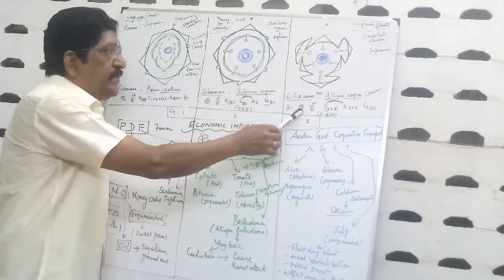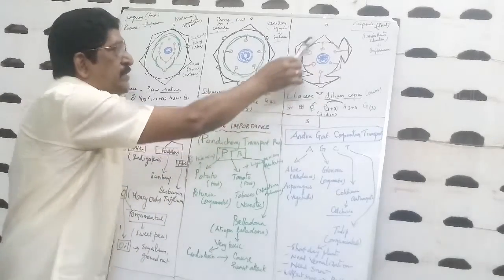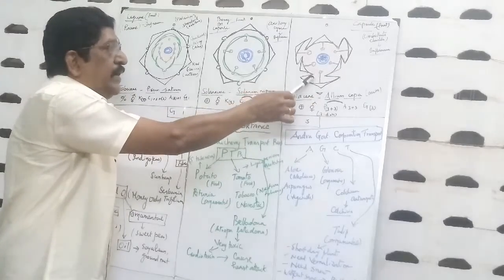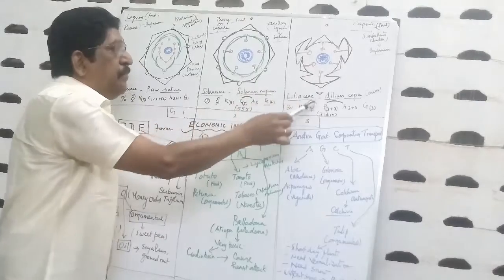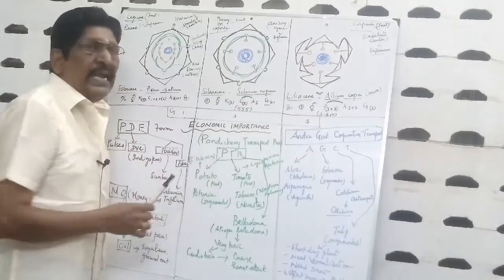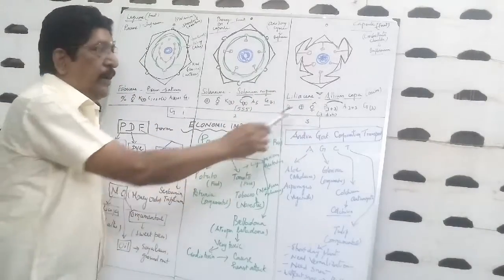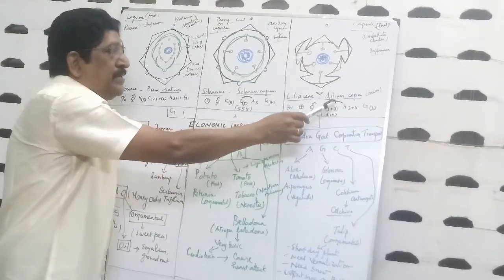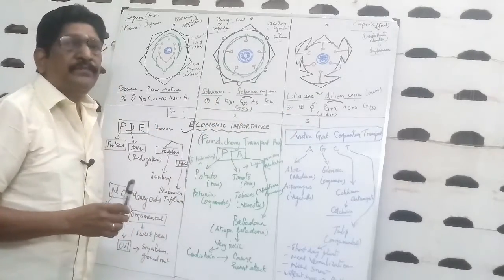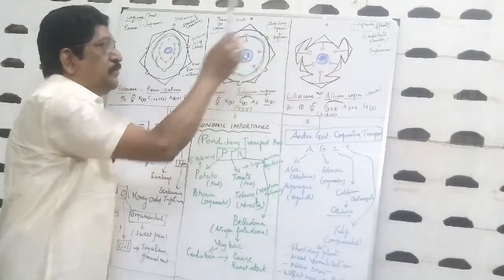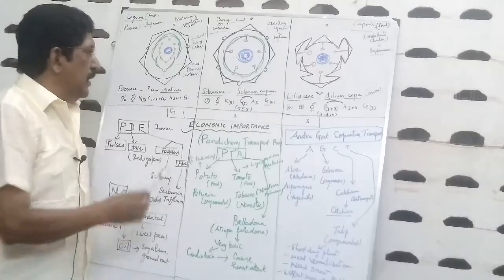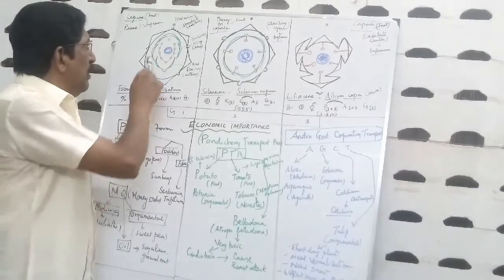So here in Liliaceae, there are no sepals and petals. Instead we get tepals, which are called the perianth, 3 plus 3. So no calyx and no corolla in Liliaceae, only perianth, 3 tepals plus 3 tepals. That is 6 in number in 2 whorls of 3 each.